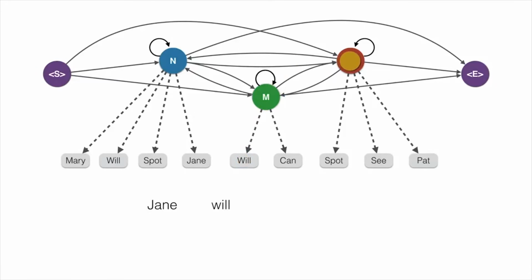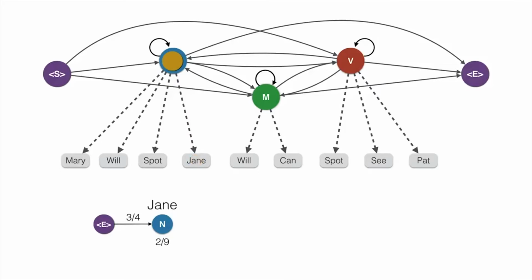So now all we have to do is record the probability that we can generate a target sentence, that is Jane will spot will. Again, we'll start at the starting hidden state and then we go to the noun. The probability that the first word will be a noun has some transition probability. Now since we have come to noun, the probability that the word at this state will be Jane has some probability.